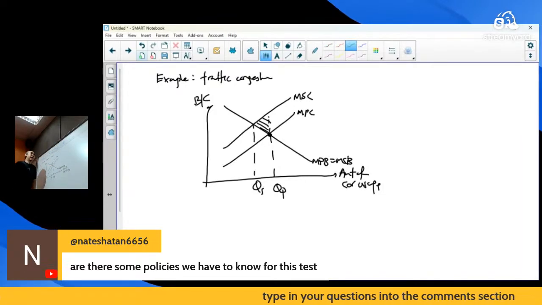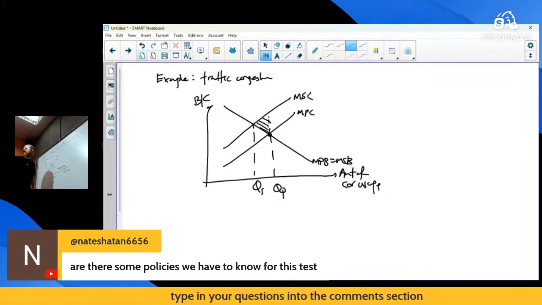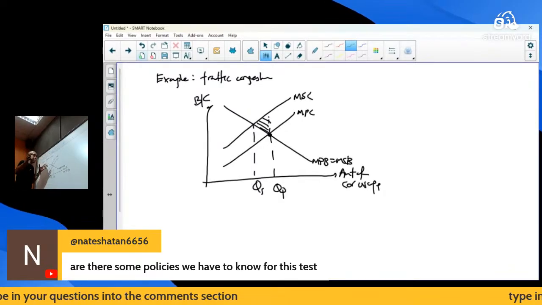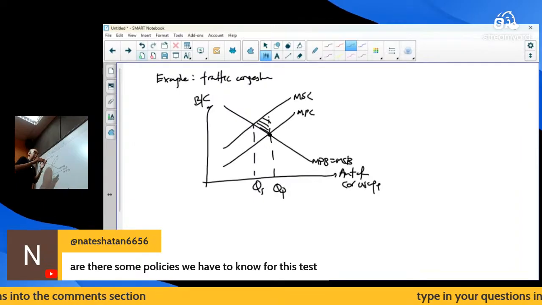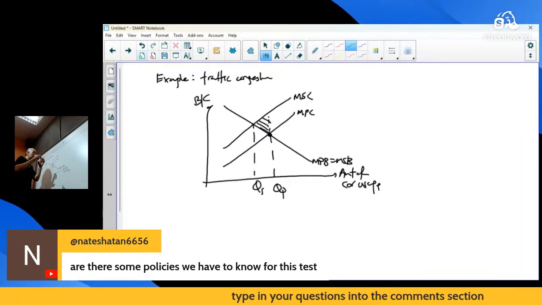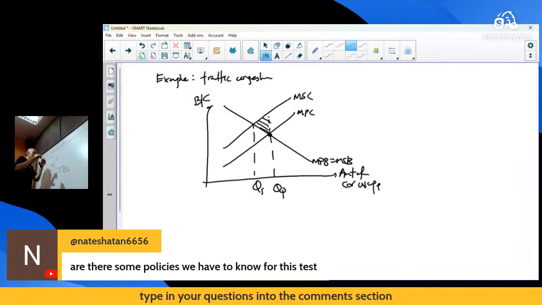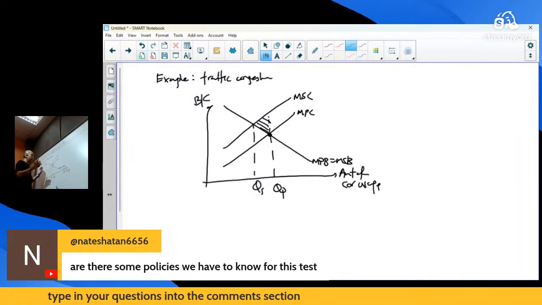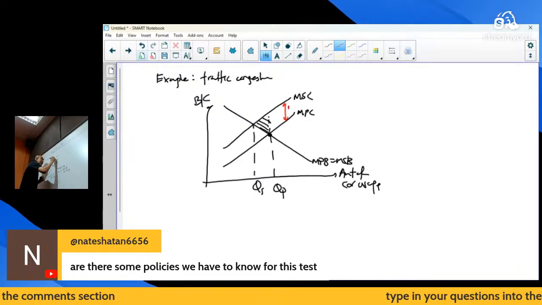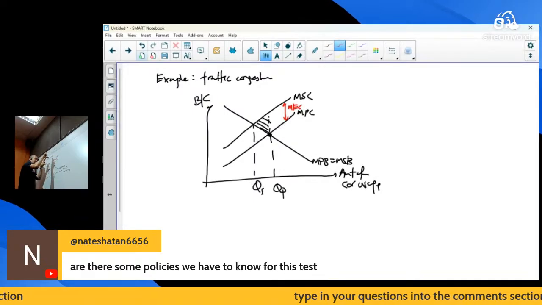Now, what if the government's solution is to build more roads, or widen roads? When you widen roads, the same amount of cars driving on the road that is now wider will slow traffic down by less. If they slow traffic down by less, the marginal external cost becomes smaller.